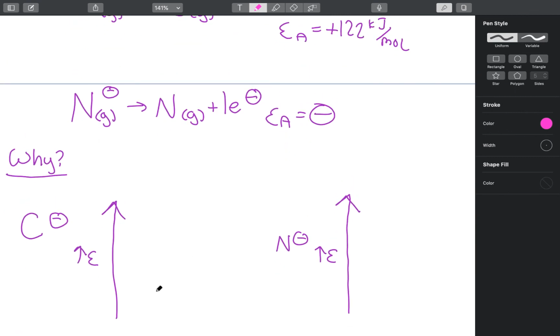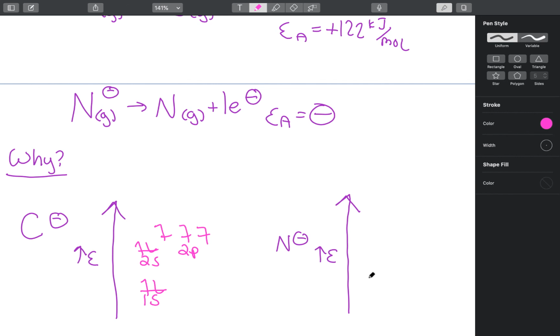So let's fill out the electron configuration of the carbanion here. We have 2 electrons in our 1s, 2 electrons in our 2s, and 3 electrons in our 2p. And note here that we are obeying Hund's rule and that we are maximizing spin, causing us to have the lowest energy configuration.